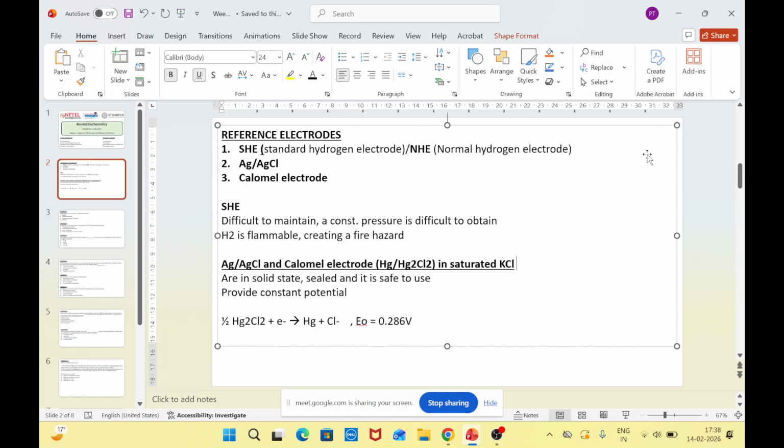Because if you see, in both these electrodes we write the reaction with respect to Hg or Hg2Cl2, but they also consist of saturated KCl. So these reference electrodes are usually kept under saturation condition, and for that we use KCl. So the question is, why is saturated KCl used? Why do these reference electrodes need to be filled with saturated KCl?